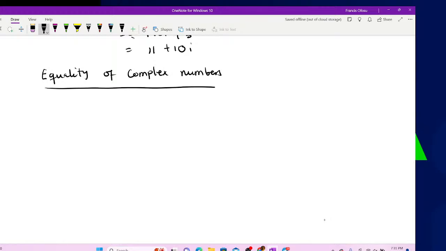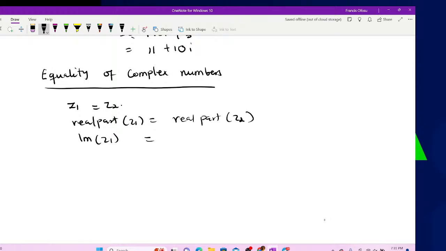When we are talking about equality of complex numbers, I may have a complex number z1 to be equal to z2, provided their real parts are equal. So the real part of z1 should be equal to the real part of z2. Then the imaginary part of z1 should be equal to the imaginary part of z2.